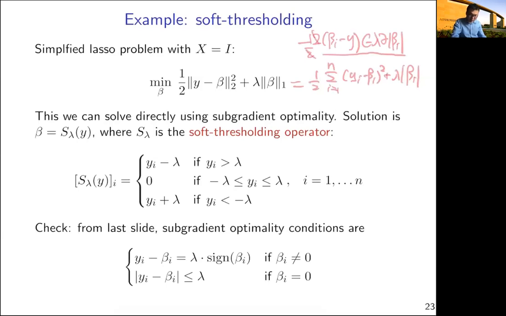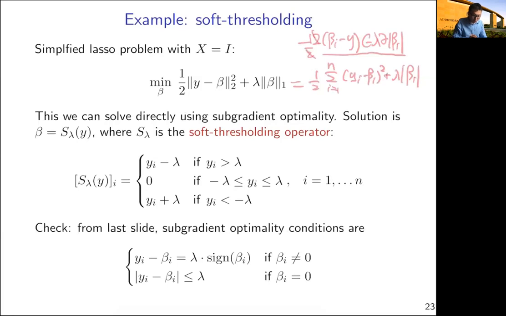What this quantity is saying is that you can use the so-called soft thresholding operator to have one pass over the coordinates and figure out the optimal solution to this simplified lasso problem.